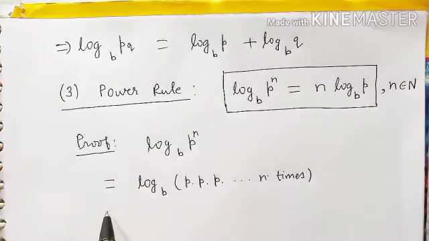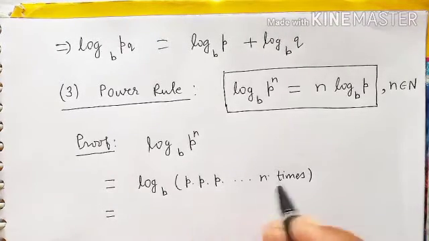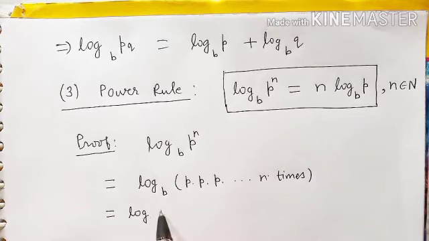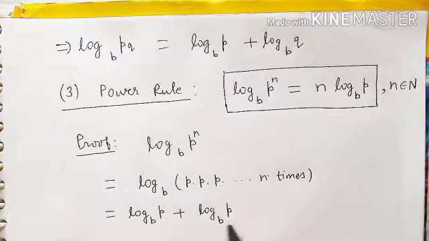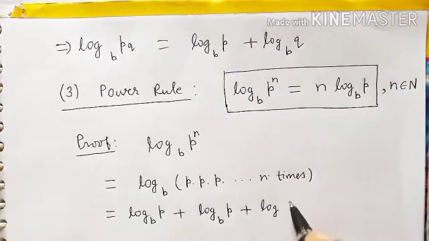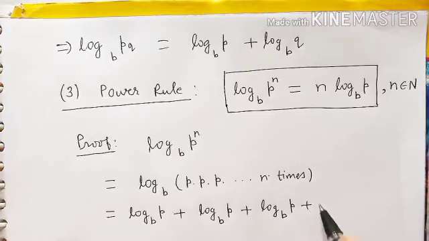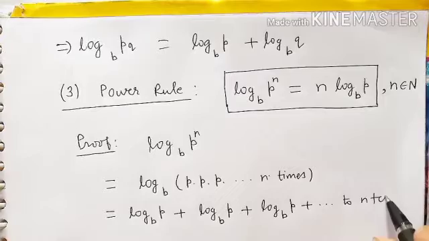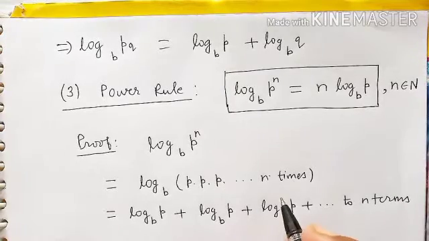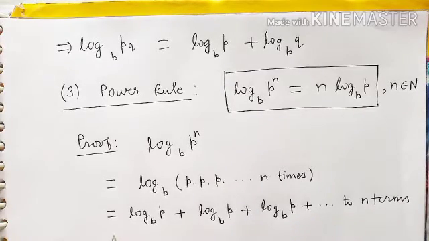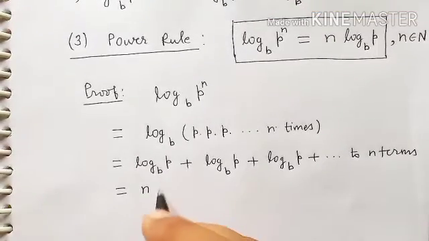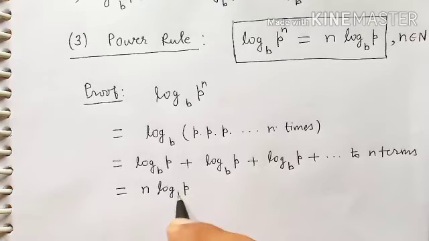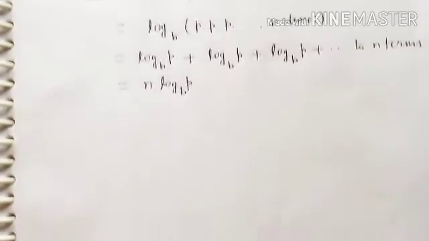We know that from the product rule, there are n terms of such type, so this one is n log of p to the base b.